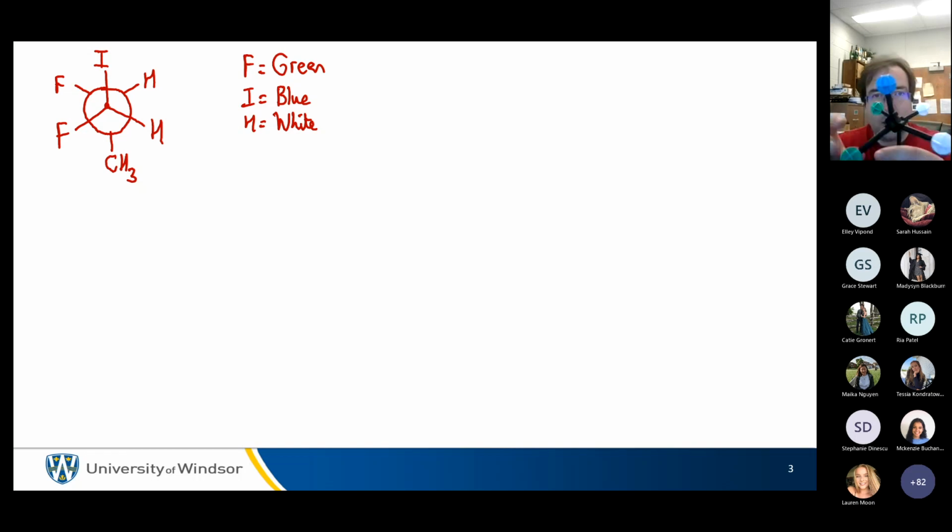Okay, I'm going to face this towards you. It is a Newman projection. If we assume that the iodine is blue, I should really check to see what my camera looks like. There we go. I'm having trouble telling if I am showing you the enantiomer or not because I'm having trouble figuring out what you're actually seeing on your camera.